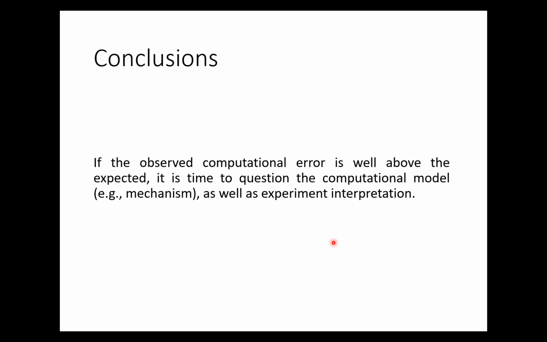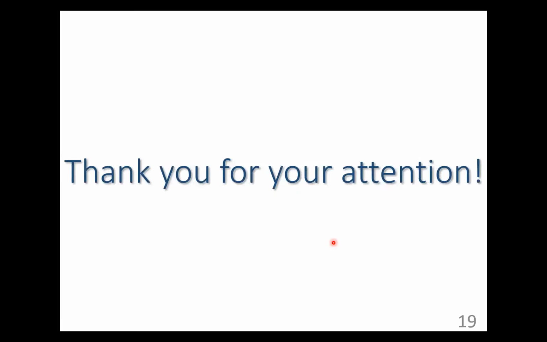Because as our example shows, the experimental interpretation also can be wrong. And in our case, quantum chemistry has allowed us to correct the experiment, actually. So that's all I wanted to discuss today. Thank you for your attention.